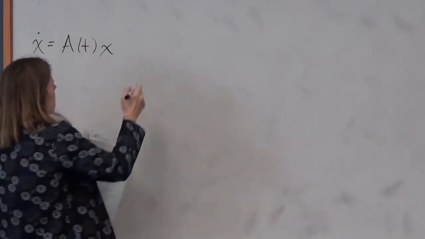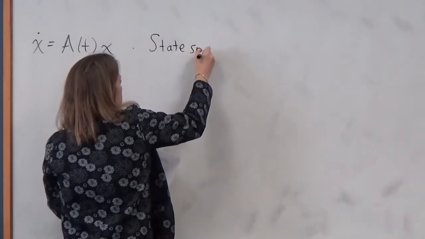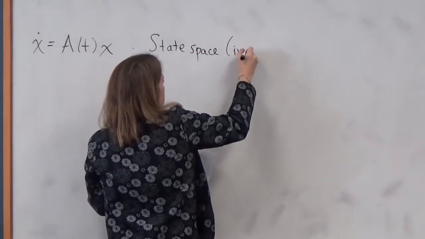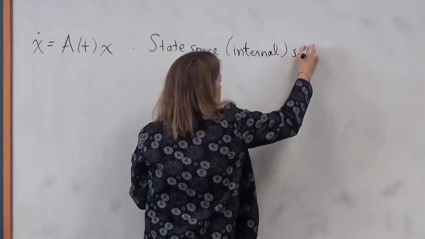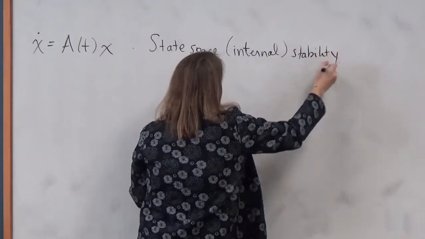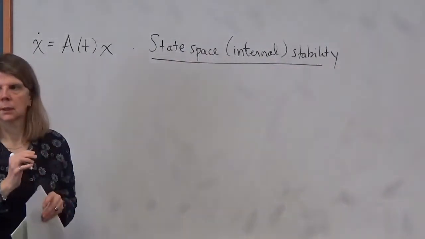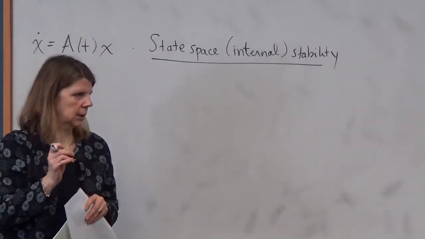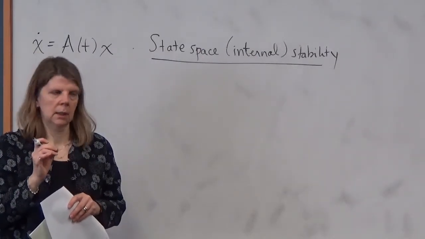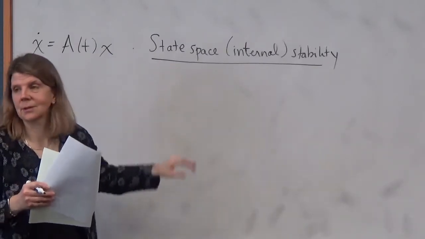And we're going to look at state space or internal stability. And usually when people talk about stability, they mean this notion of stability. If it's input-output stability, people will say input-output stability. But if they just say stability, they mean this, or they should mean this. This is the more general concept of stability.